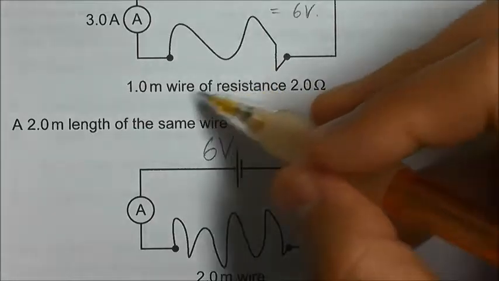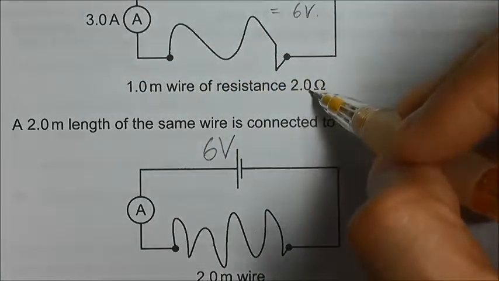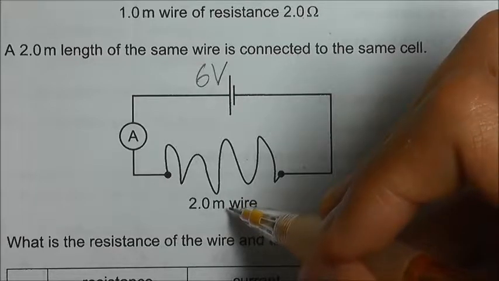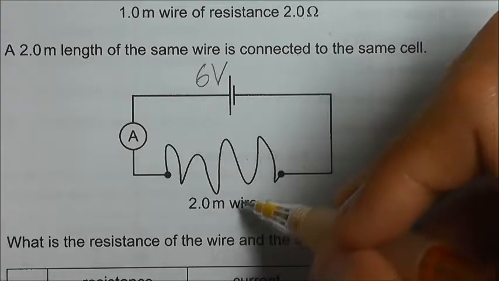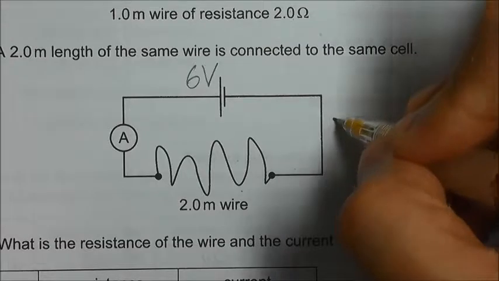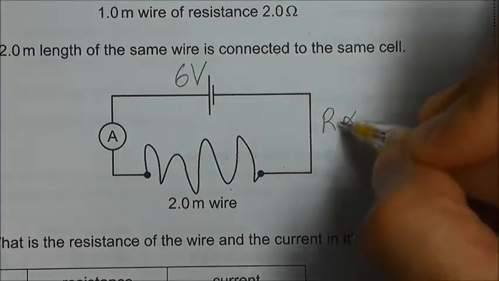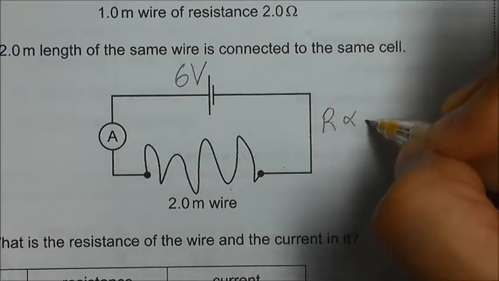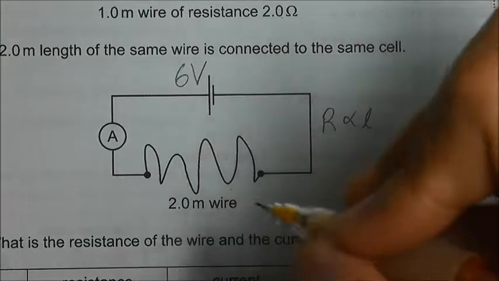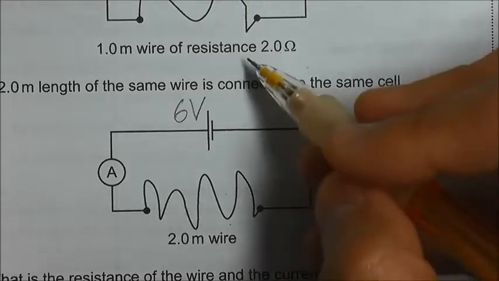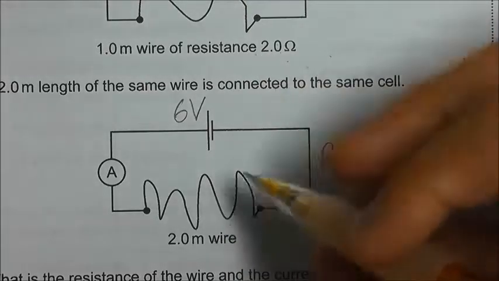This resistance wire is 1 meter and it is 2 ohm. And we increase the length of the resistance wire by 2 times. The resistance of the wire is directly proportional to the length. Okay, so if the length is twice, the resistance must be twice as well.